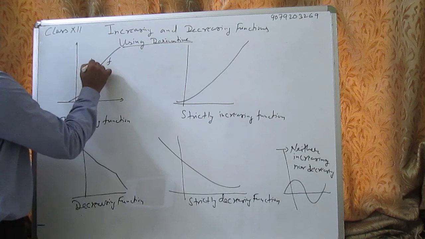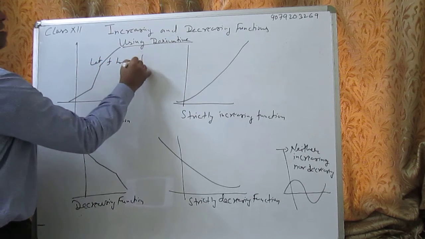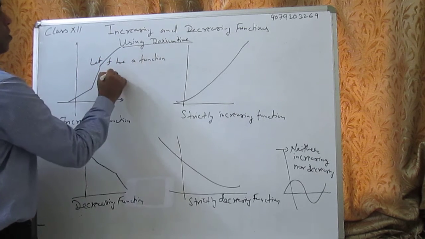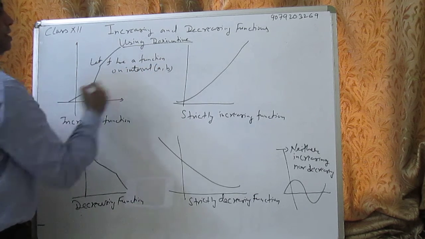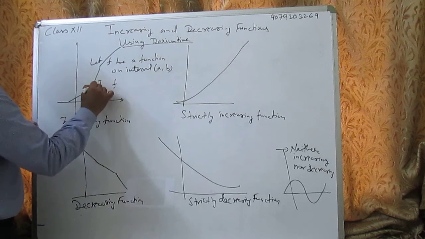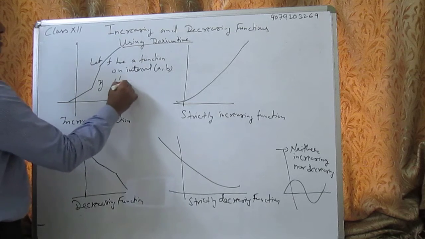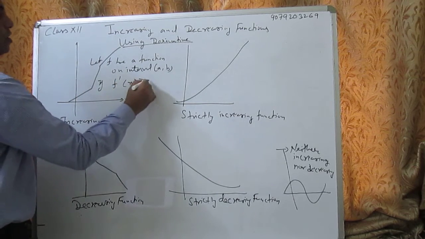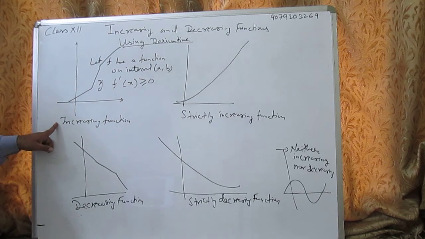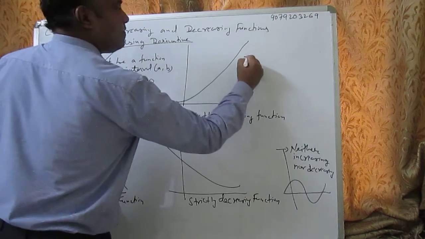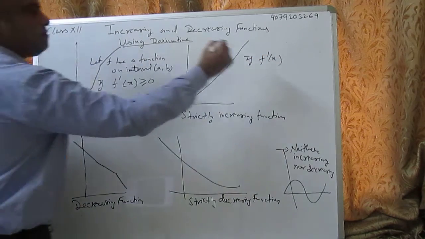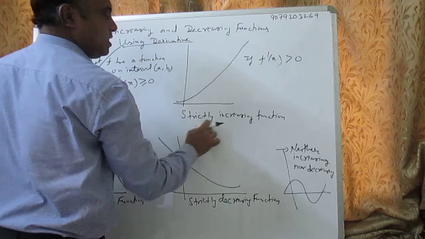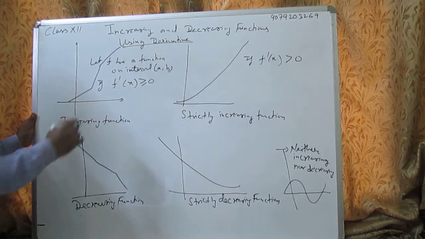Let f be a function on interval ab. If f dash x is greater than or equal to 0, it is an increasing function. If f dash x is greater than 0, it is a strictly increasing function.